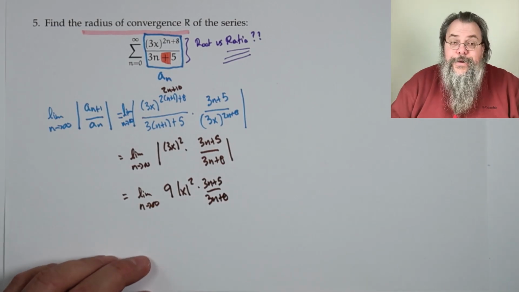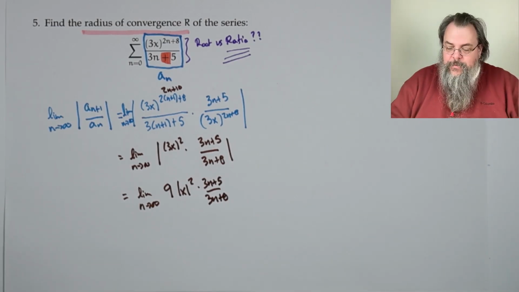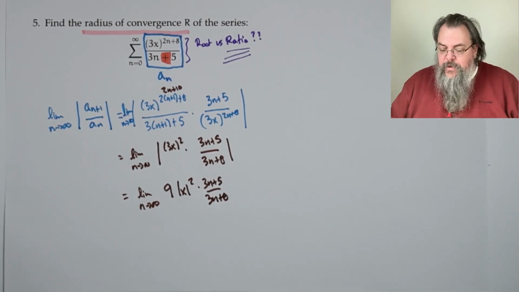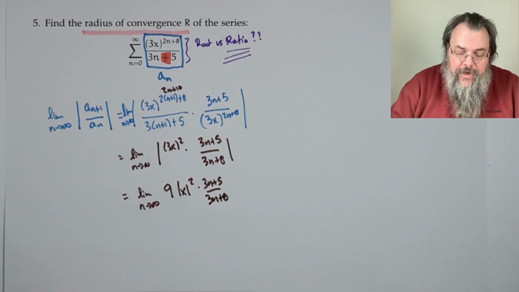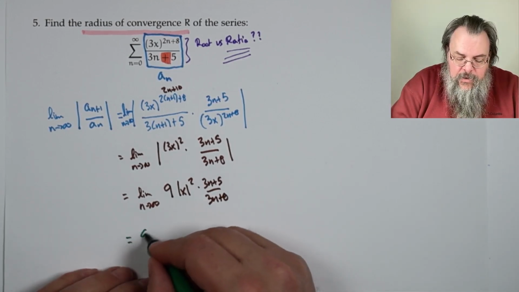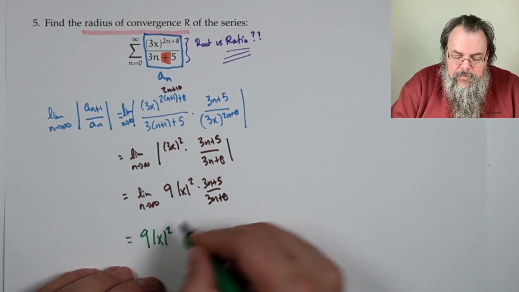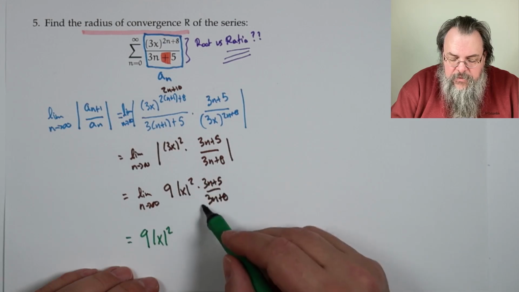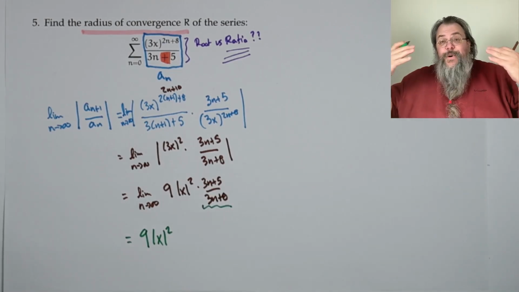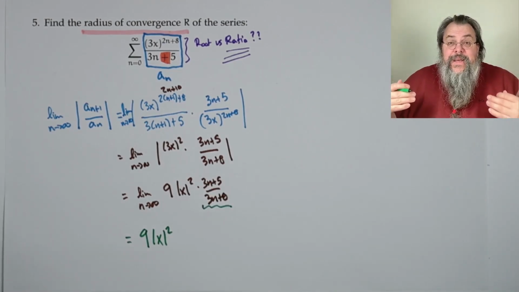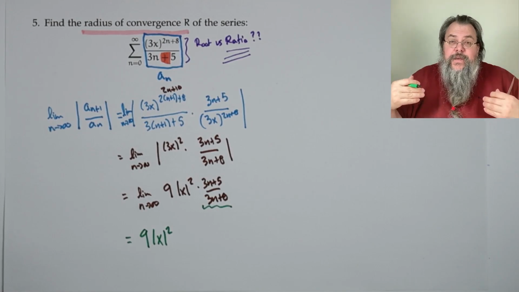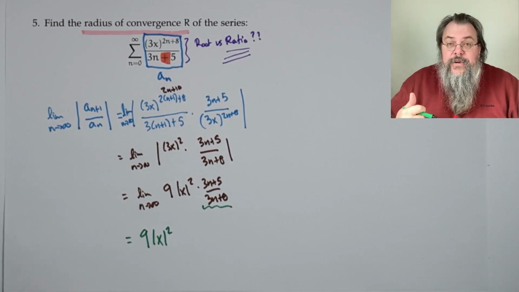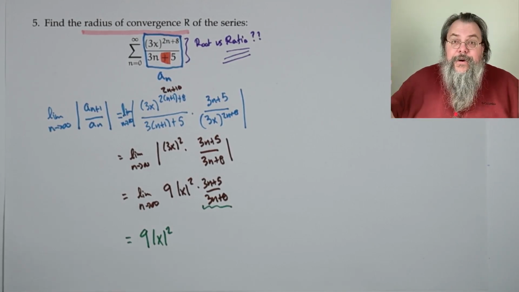Okay, what's the limit? The 9 and the absolute value of x squared are freebies. There's no n, so we know what they do. What about this part, 3n plus 5 over 3n plus 8? It's polynomial over polynomial. When you have polynomial over polynomial, you ask whether the degrees are the same upstairs and downstairs. Yes, they are.